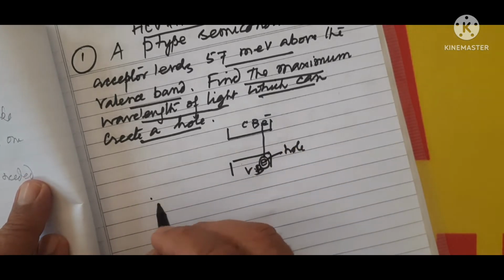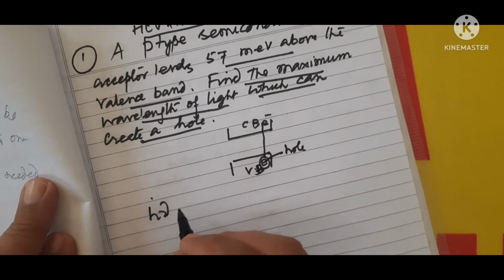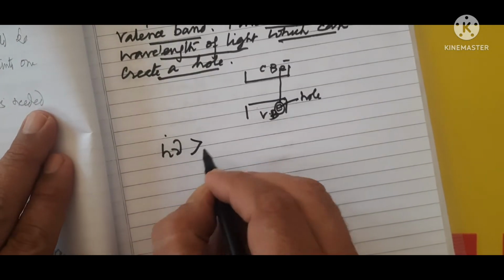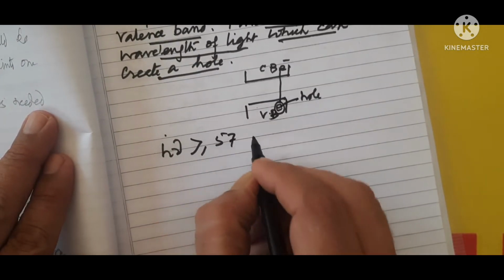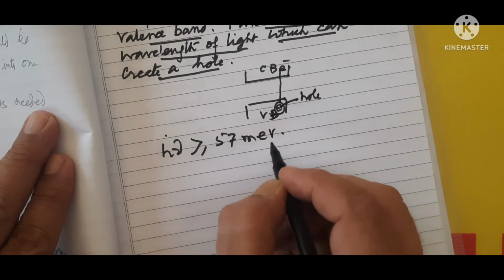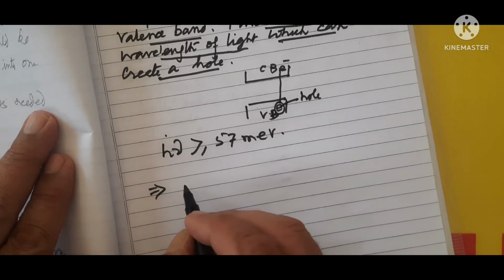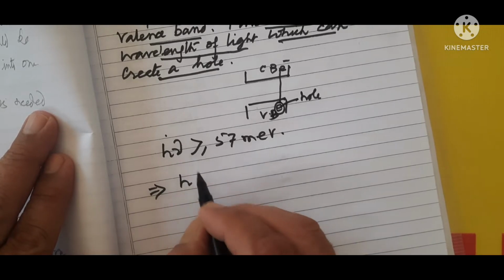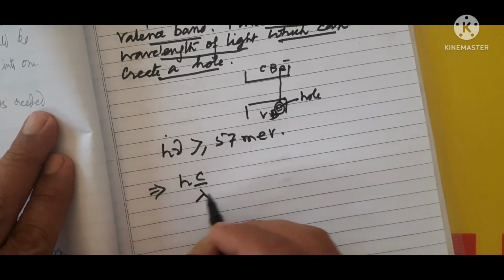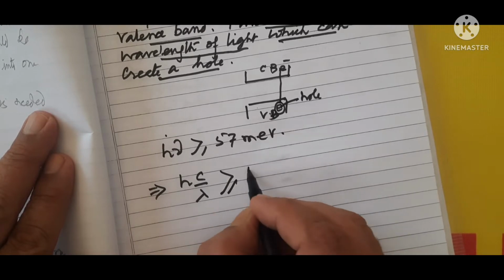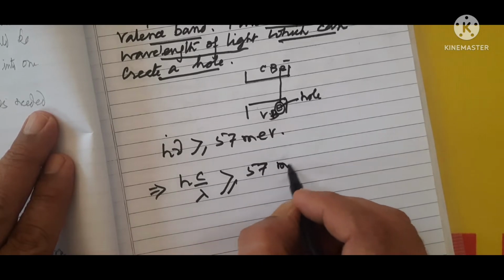So the energy, that is h nu, should be greater than or equal to 57 milli electron volt, and we have to find the wavelength. So hc by lambda greater than or equal to 57 milli electron volt.